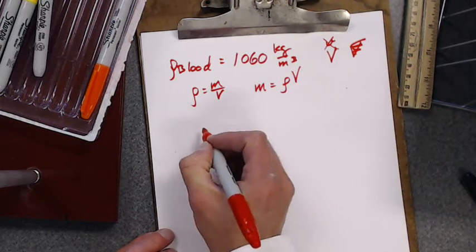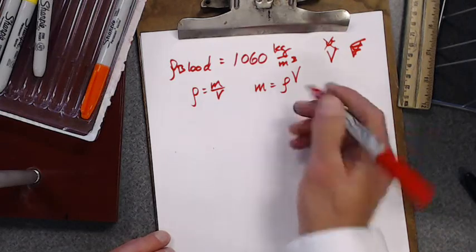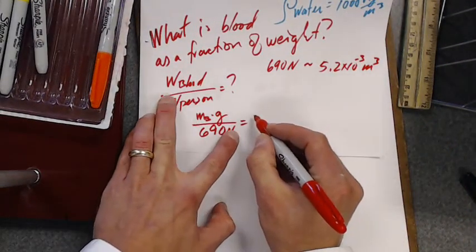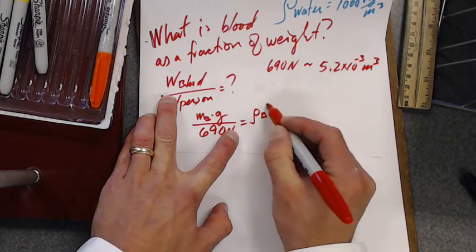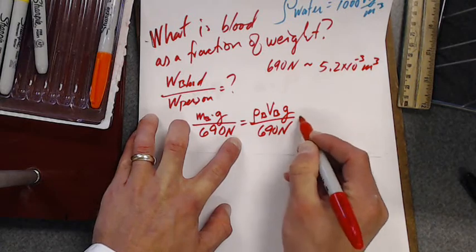Anyway, let's go back. I need to find out what the mass of the blood is. So the mass of my blood is going to be the density of the blood times the volume of the blood, times g, divided by 690 newtons.